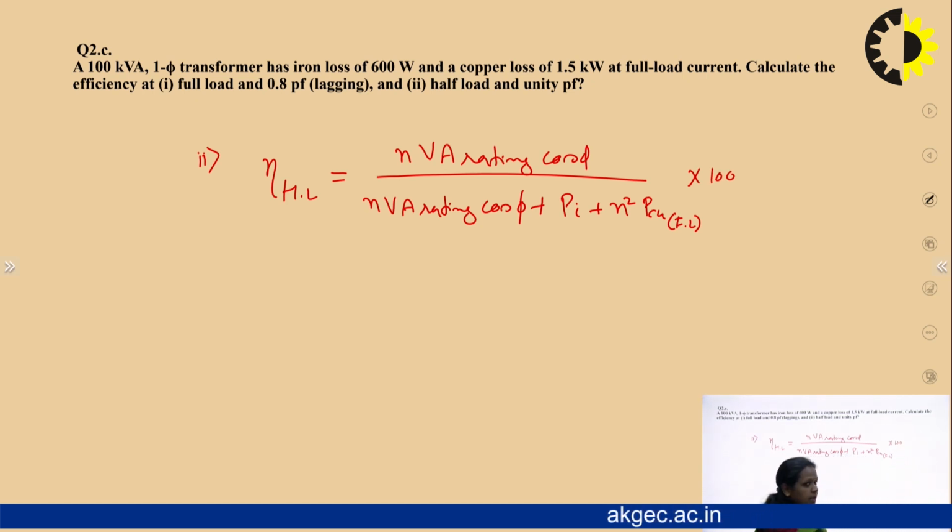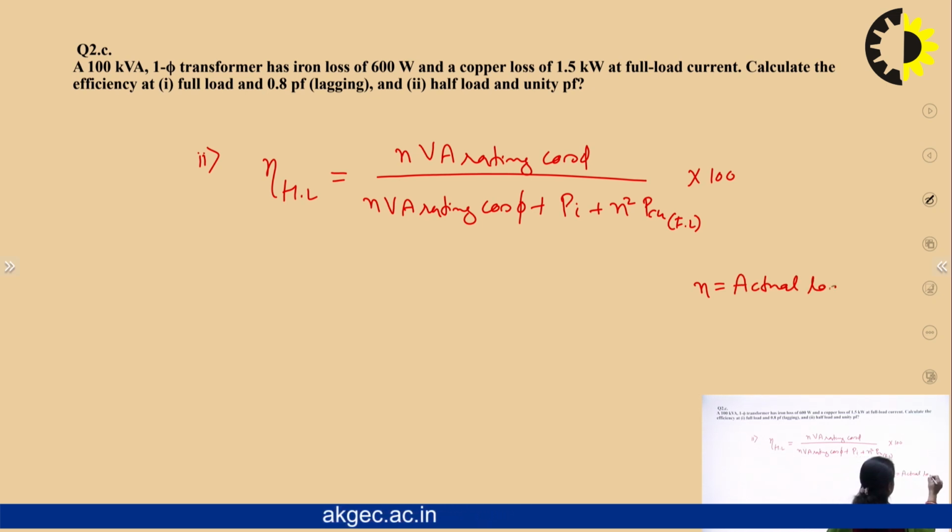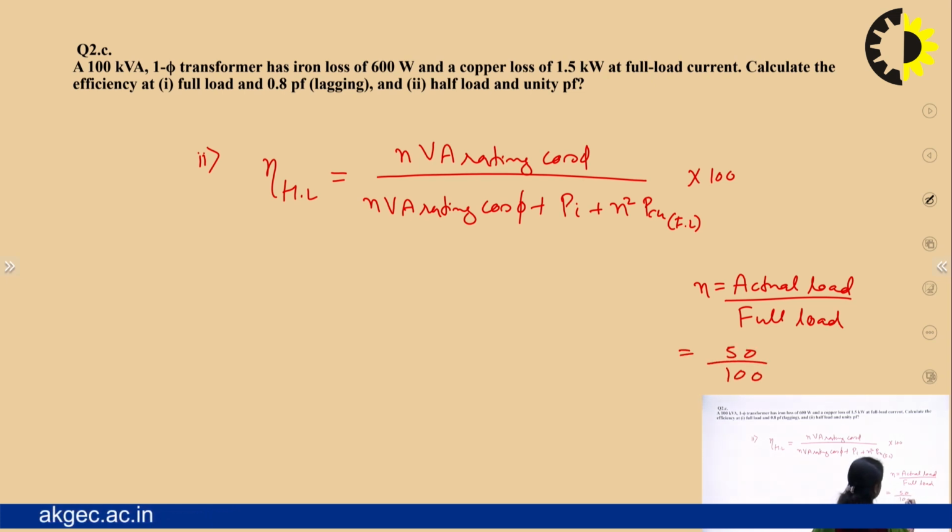And now what is n here? n is the fraction by which load is changed. So you can find n is equal to actual load divided by full load. So actual load is 50%, full load is 100%.